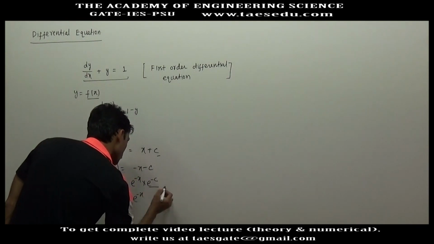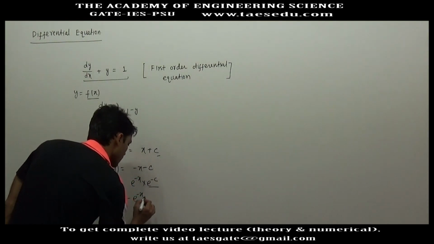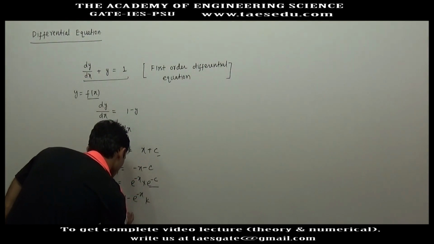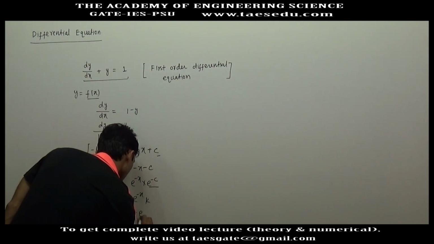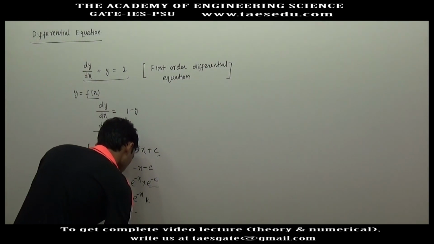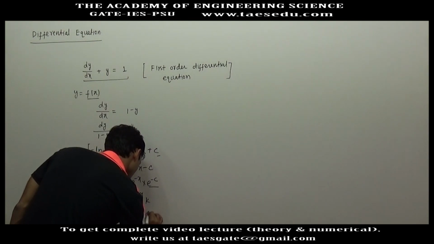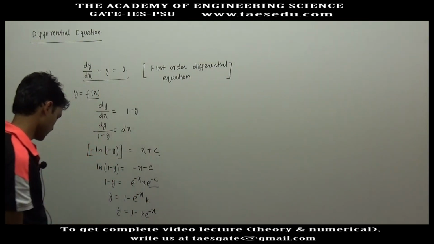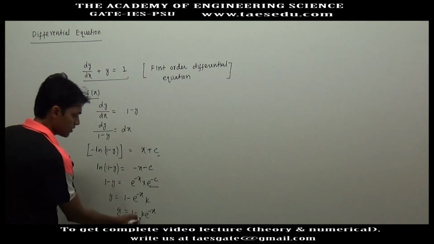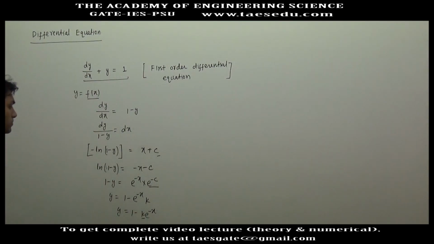In place of e to the power minus c I will take k. So y is equal to 1 minus k into e to the power minus x, and the value of k will depend upon the conditions.